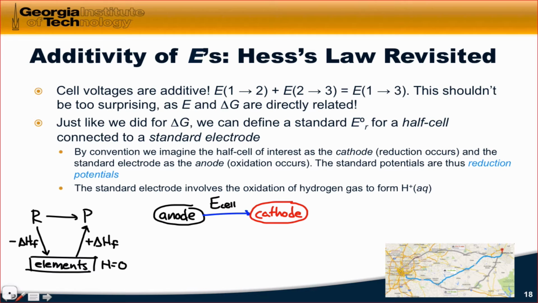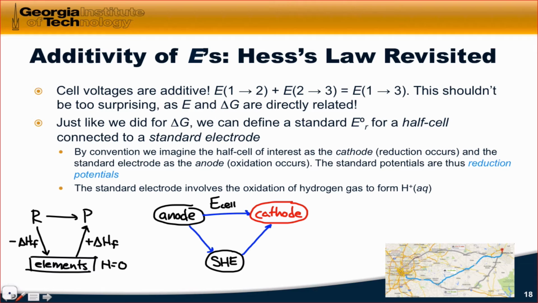Our idea then is to define a standard electrode through which we send the electrons in a galvanic cell to help standardize calculation of cell voltages, and this is the standard hydrogen electrode. The idea is, instead of sending electrons directly from the anode to the cathode, send electrons from the anode to the standard hydrogen electrode first, and then send those electrons from the standard hydrogen electrode back to the cathode.